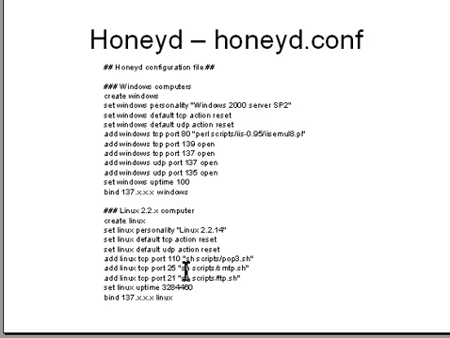Down here in the Linux section, we're setting the personality to Linux 2.2.14, an obsolete Linux kernel. The default TCP and UDP actions. Here we're opening up ports 110 for POP, 25 for SMTP, and 21 for FTP. And notice that it also has scripts involved with it.